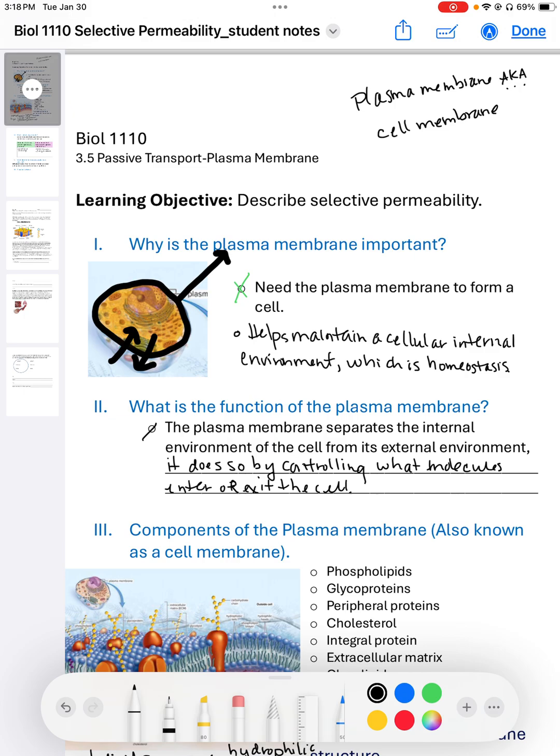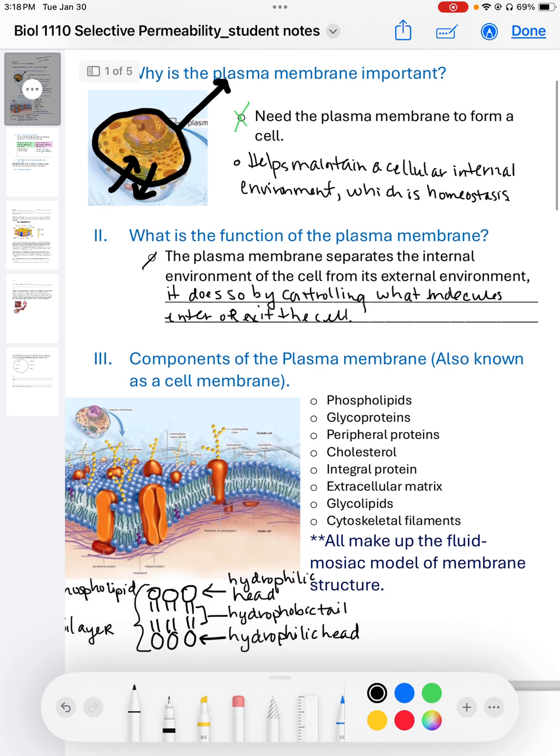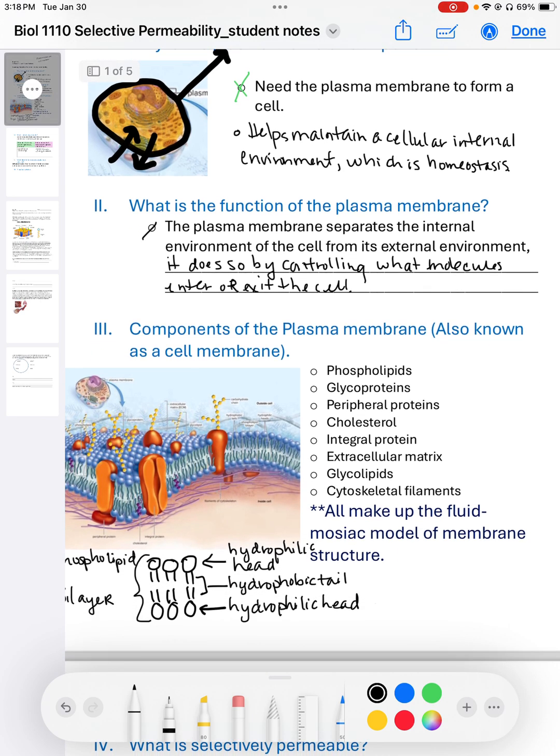So what's interesting about the plasma membrane, now here we highlighted in like a really dark line, but if you actually look at what makes it up, it's made up of a lot of parts. So for one, it's made up of phospholipids, glycoproteins, peripheral proteins, cholesterol, integral proteins, extracellular matrix, glycolipids, cytoskeletal filaments.